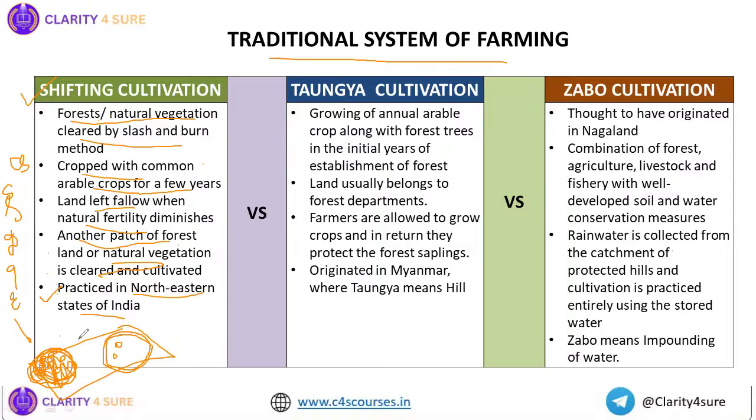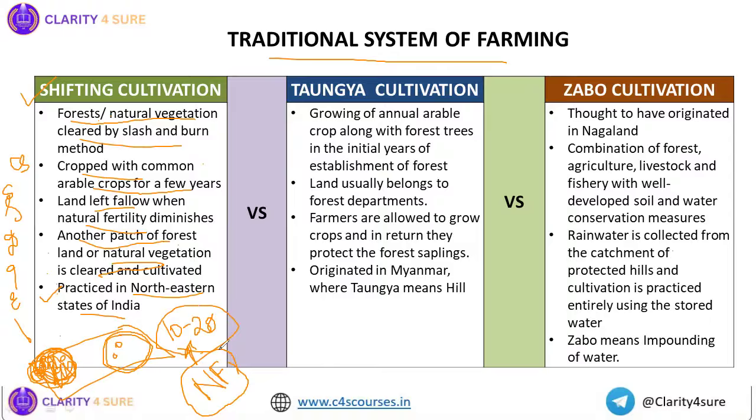Usually the fallow period is 10 to 20 years. So this is a very destructive kind of farming system. Why do they keep fallow for 10 to 20 years? So that the natural fertility that was diminished while they were cultivating continuously for a few years gets restored.